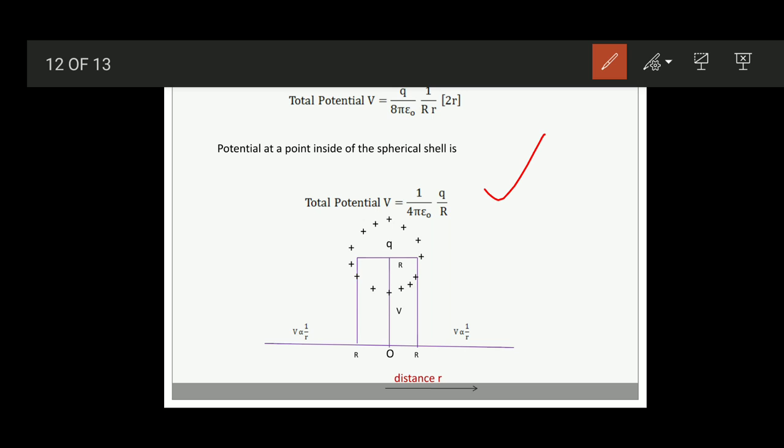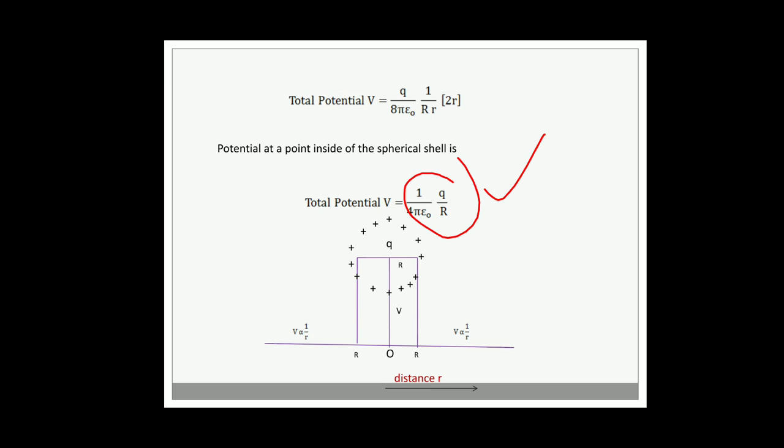When we observe the last two cases, the potential on the surface is 1 by 4 pi epsilon naught into Q by capital R, and inside of the spherical shell it is also 1 by 4 pi epsilon naught into Q by capital R. All these are constants. So the potential inside of the spherical shell remains constant. So graphically we can draw it like this.